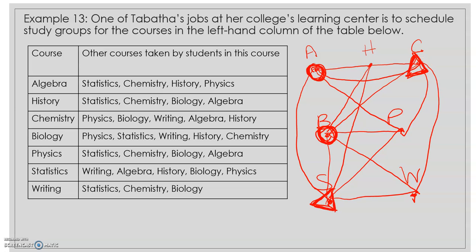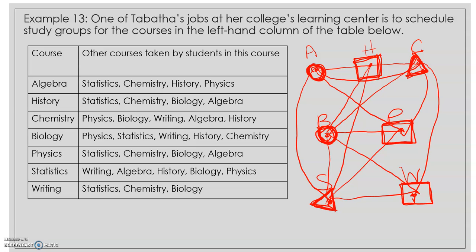So I triangled it. Writing, I'm going to put a square around it, is not connected to physics, so I can square it. And it is not connected to history, so I can square it.